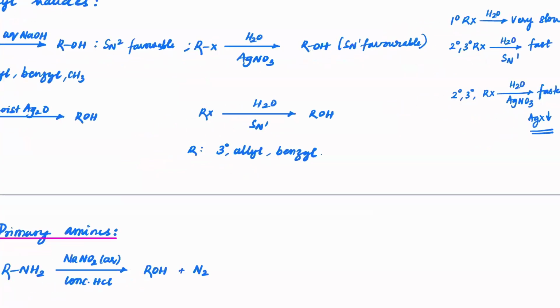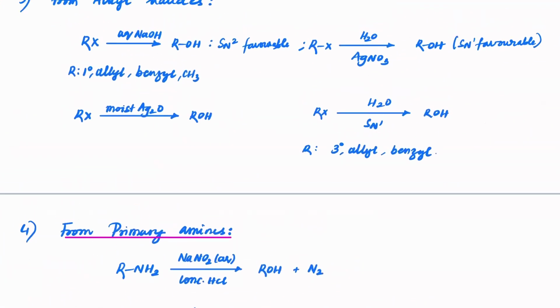Right. What role does aqueous NaOH play? The same role moist Ag2O will also play. So moist Ag2O can be read very similar to aqueous NaOH. And here again this will catalyze because silver will take the halogen and convert it into a precipitate.